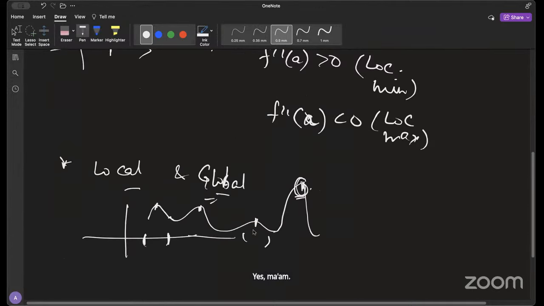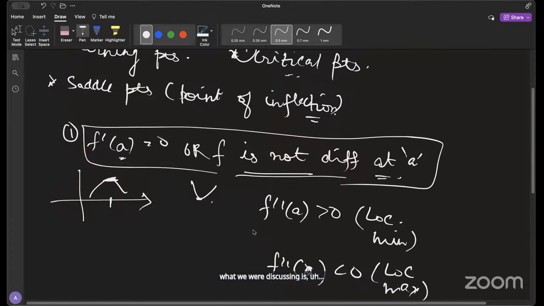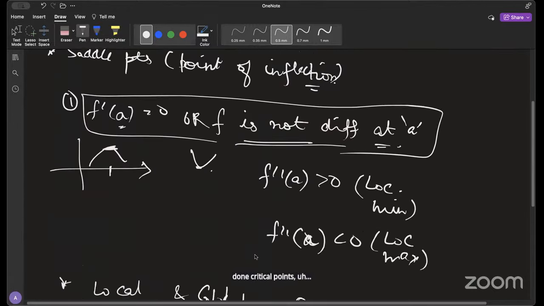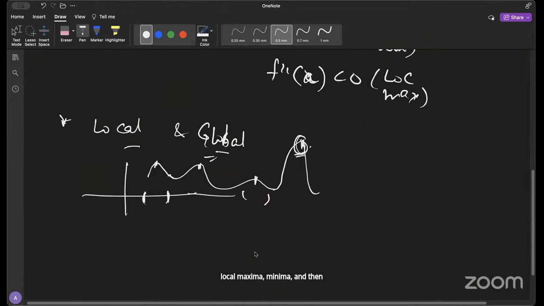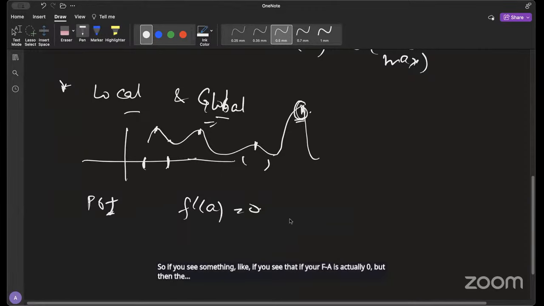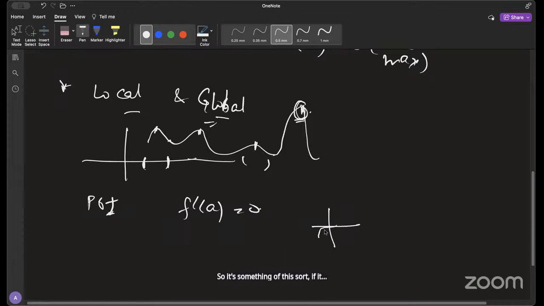So what we're discussing is, we've done critical points, local maxima minima, and then global maxima minima, and then we have saddle points and points of inflection. For point of inflection, if you see that f dash a is actually 0, but it was increasing before and it was still increasing after that point, then this is a point of inflection.